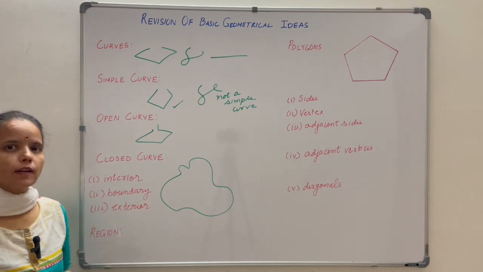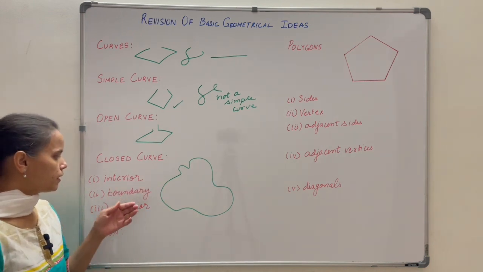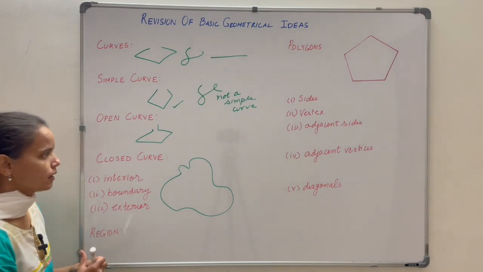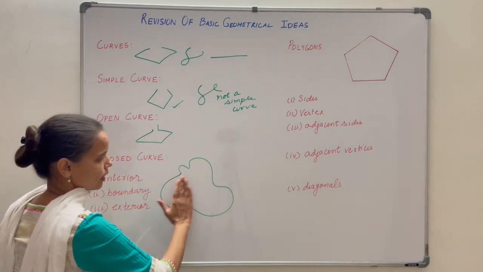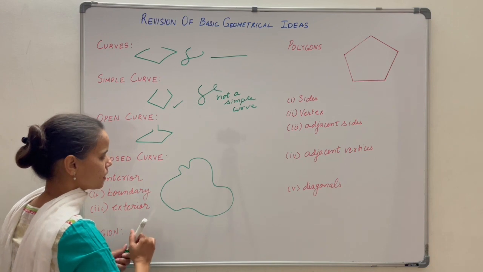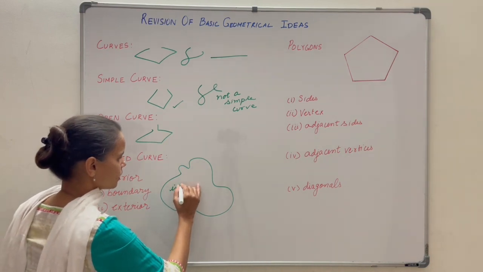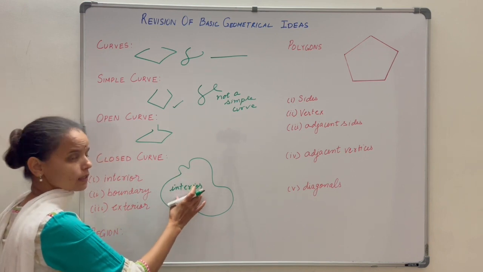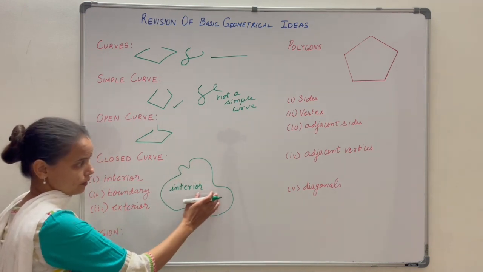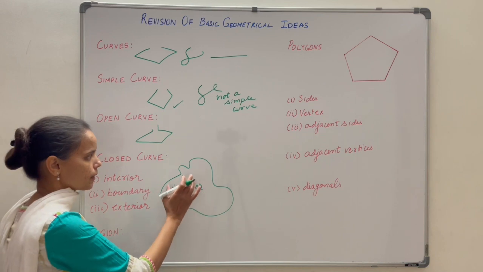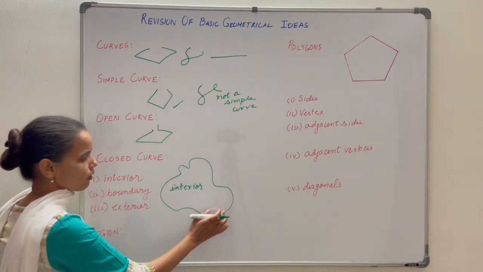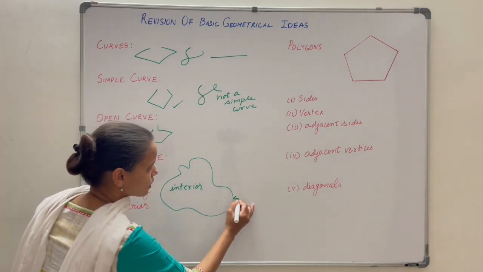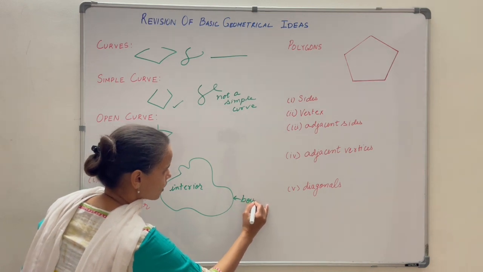A closed curve has three parts: interior, boundary and exterior. The region inside is called the interior of the closed curve. Interior, as it says, is inside the curve. Boundary is on the curve. This is the boundary.